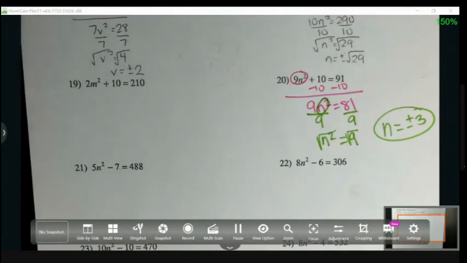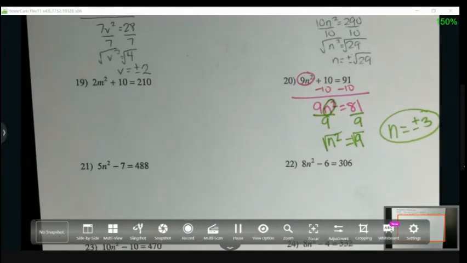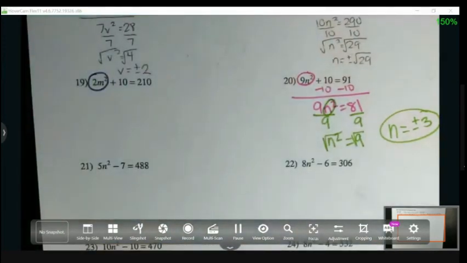All right, I want to do one more for you. And let's go ahead and make that number 19. Okay, so we're going to go ahead and do number 19. So again, we want the squared term to be by itself.